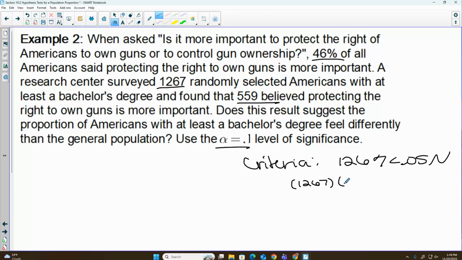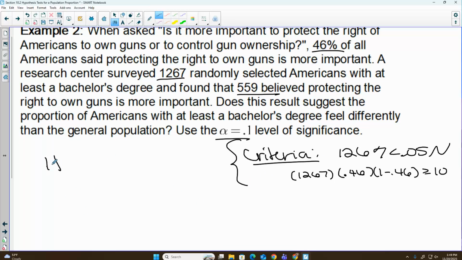My P was 1 minus P. Is that greater than or equal to 10? So if we check, that comes out to be like 314, so that's bigger than 10, so we're good. So criteria, just the bare minimum here, so I know that you looked at it. Then you have to write your null and alternative hypothesis.